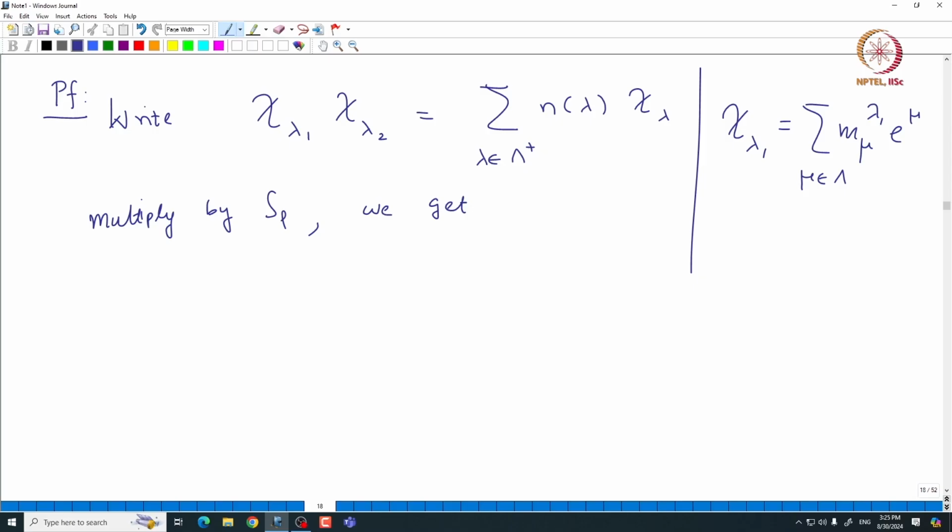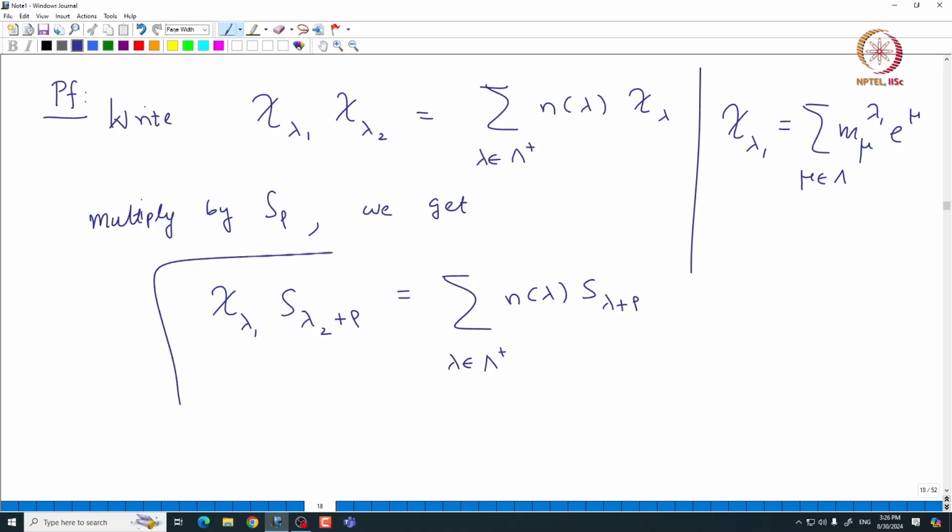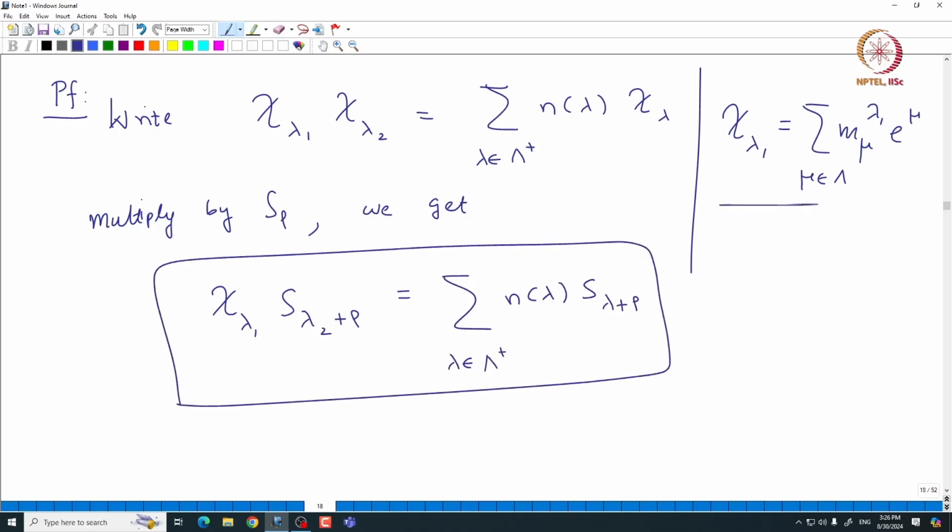The second term, by multiplying by S rho, becomes S lambda 2 plus rho. So, this becomes chi lambda 1 S lambda 2 plus rho equal to the summation of n of lambda S lambda plus rho, where lambda runs over lambda plus. In this we are going to use this explicit expression of chi lambda 1 and then rewrite things.